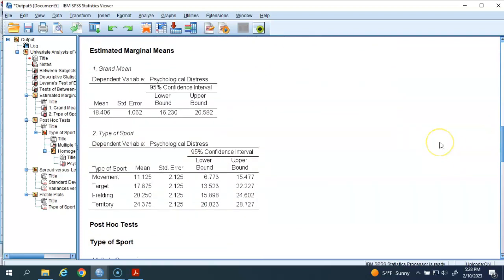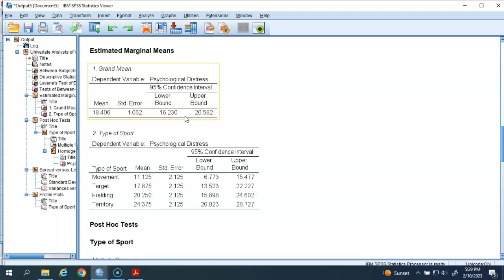Here are our estimated marginal means. These are the means. So this first one is the overall grand mean. So we have a 18.406. What I like is that this gives you the error confidence bound around it. So we can see that it ranges between 16.2 and 20.5.